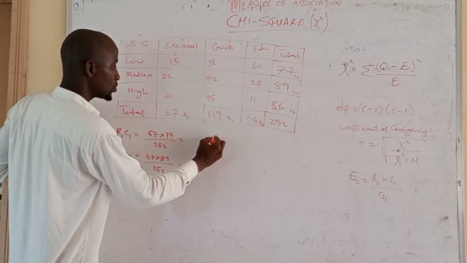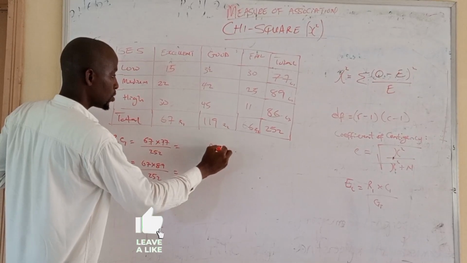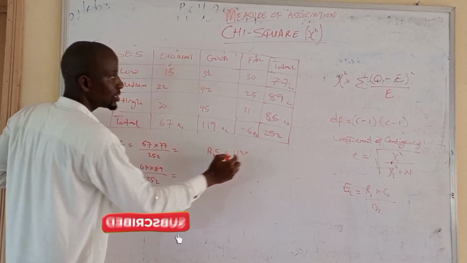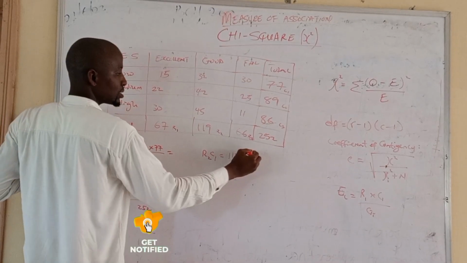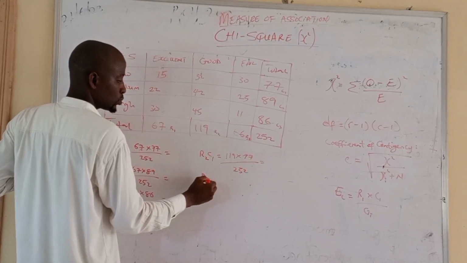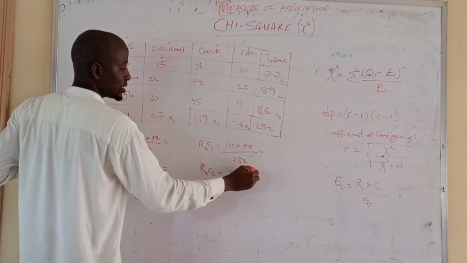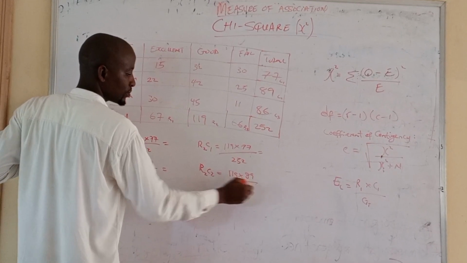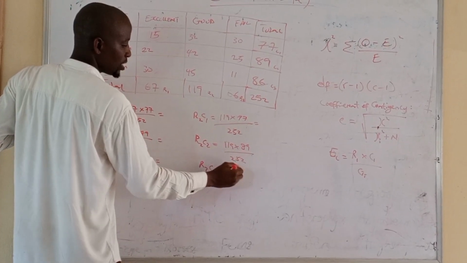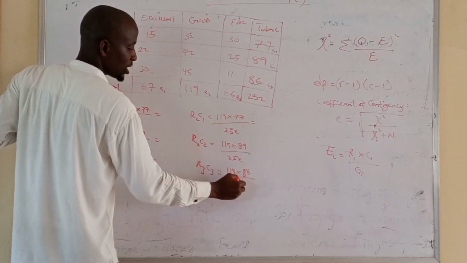So that will be row 2, column 1. Row 2, column 1 will be 119 times 77 divided by 252. Row 2, column 2 will be 119 times 89 divided by 252. Row 2, column 3 will be 119 times 86 divided by 252.